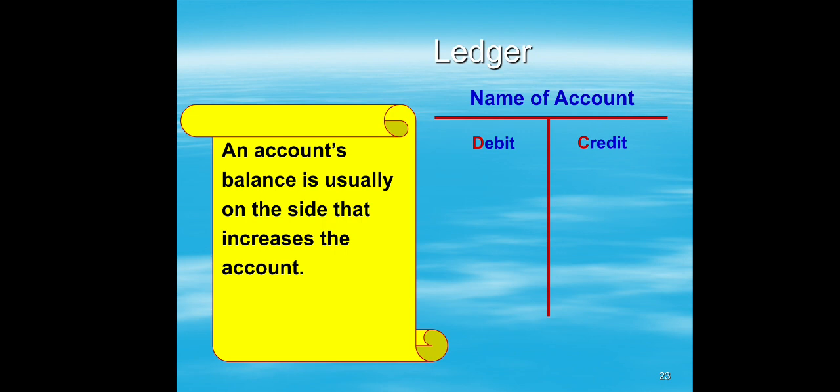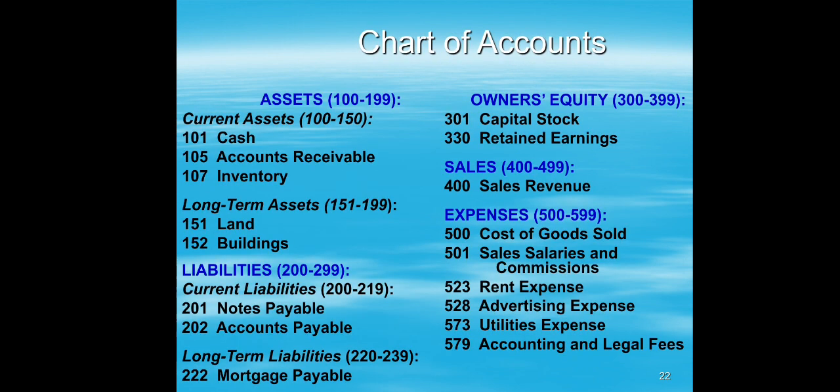Okay, just to say it again, the ledger is another book that we use in accounting. In the ledger, there are many accounts that we call T accounts. In the earlier pages of the ledger, you will have something like the contents of the book.